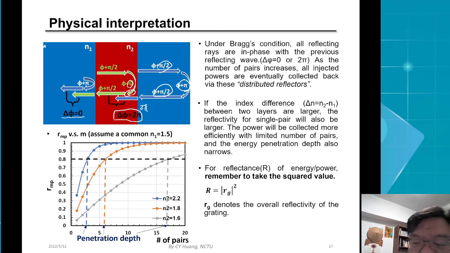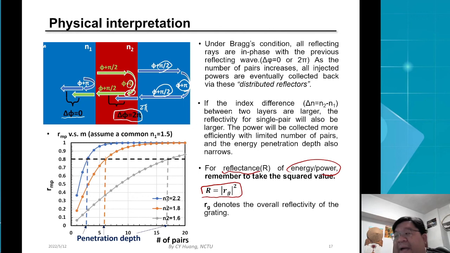But if we are talking about energy or power, you need to use the reflectance, and the reflectance is the square of the reflectivity. So g means grating. It is the reflectivity calculated by the equations above. And sometimes if Rg is not purely real, you need to remember to do Rg squared as Rg conjugate times Rg if it is a complex value.